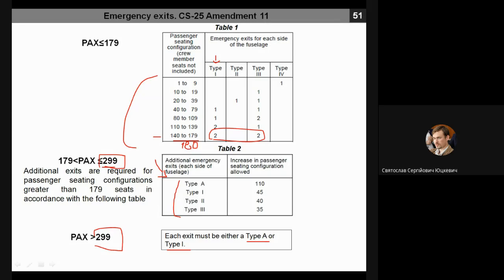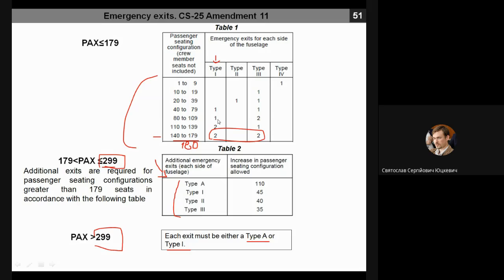So the purpose of this slide is to recall this information. We have some special combination of the doors that must be used on airplane. They proved you could use other combination, but it will be difficult to certify it. You must prove it well. Why you change this combination?